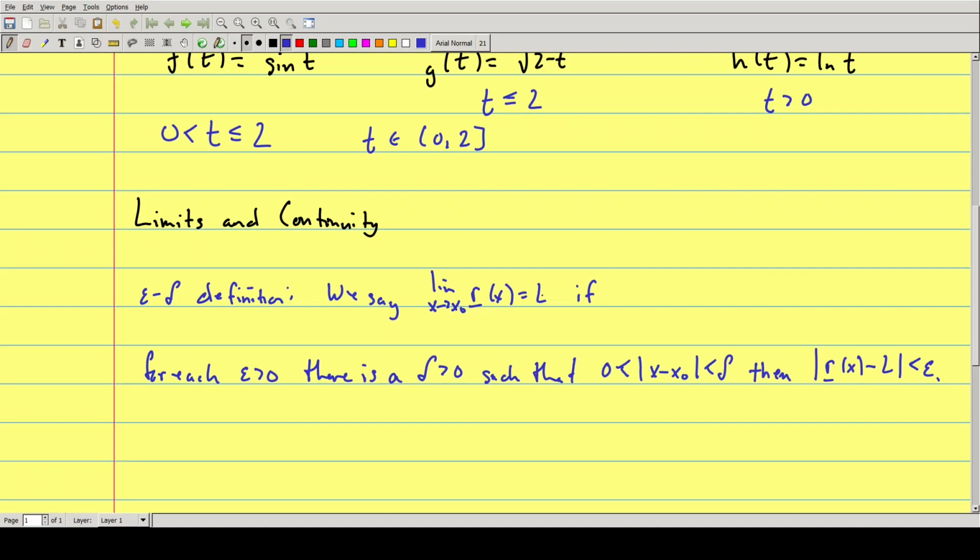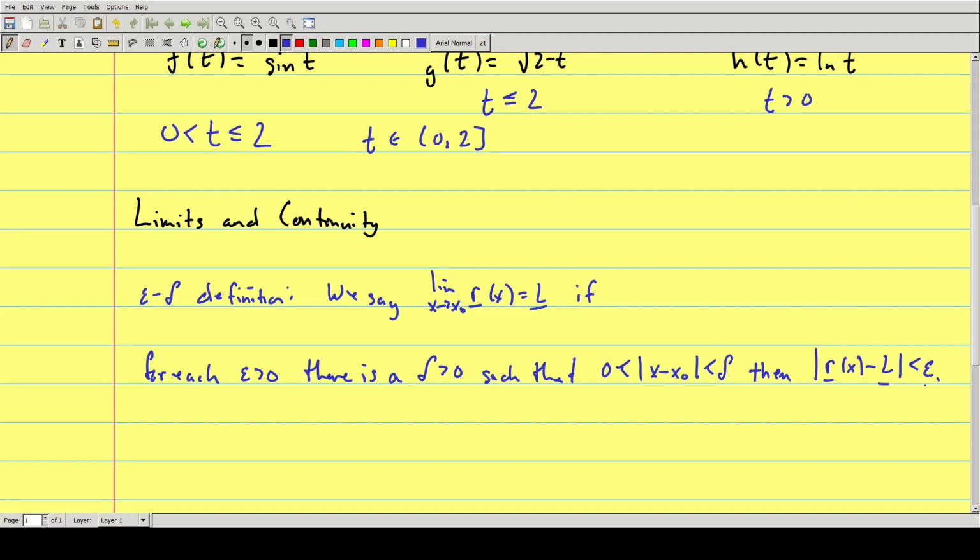I wrote x here. It's the same thing as t in the way that I used it before. It's just the independent variable. It's a scalar. Okay, so for 3D, basically it works the same.